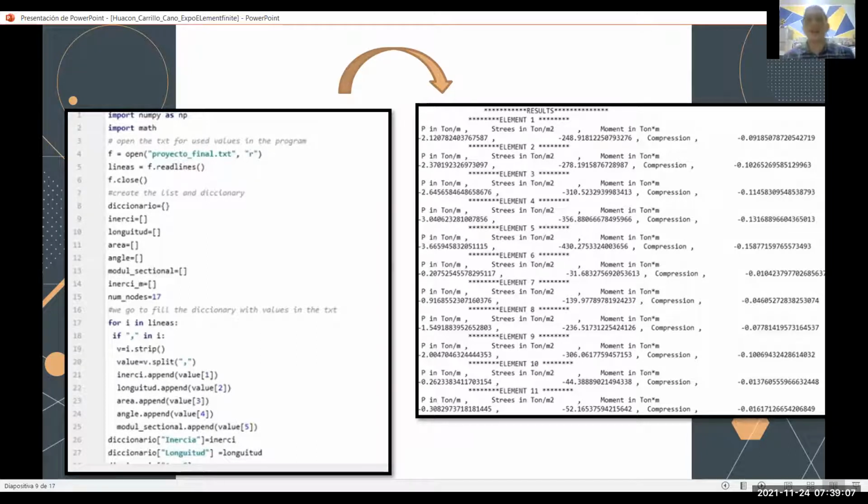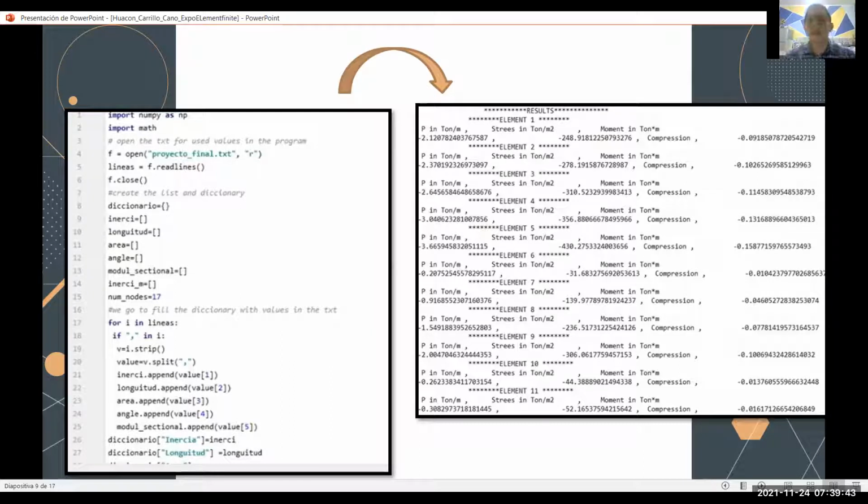Having obtained the result in Excel, we then compare it with our Python program. To obtain the result in Python, we need two txt files, the first containing the characteristics of each element, and the second with the initial conditions. Also, the matrix library will be used, along with dictionaries and lists. We also use the functions if, else, and for.